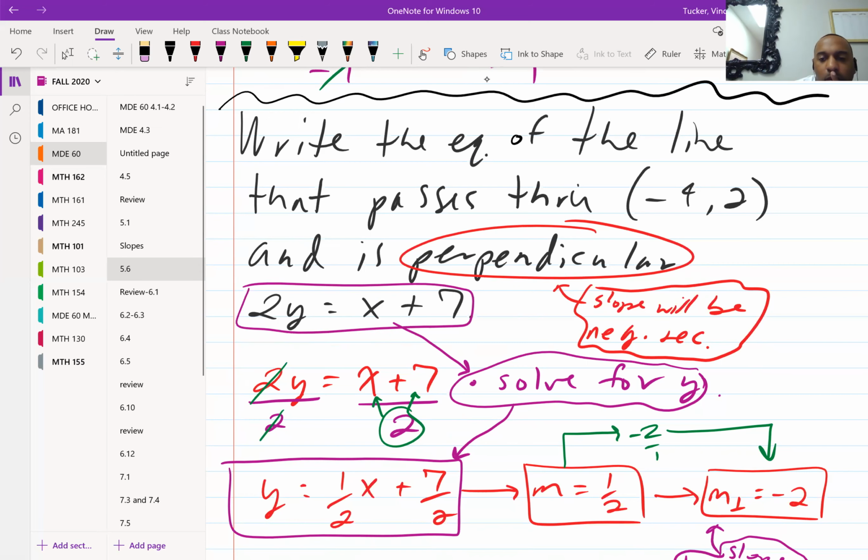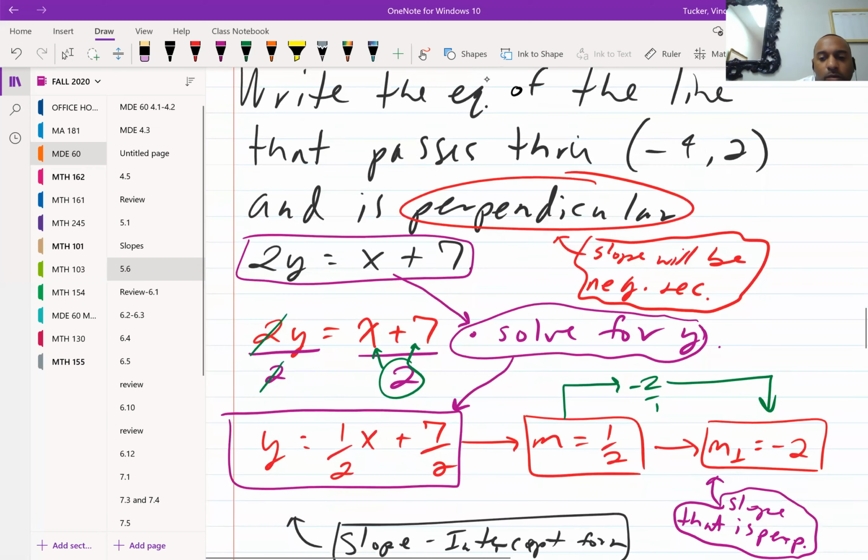Everybody okay with that? So we have our equation, solved for y, that's what we needed.